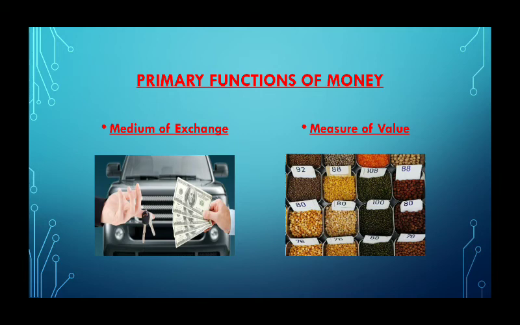So we can say that the pulse worth 108 rupees is of a different value, or more than the one which has a value of 80 rupees per kg. So we can measure the value of each commodity in terms of money. This is the second primary function. So medium of exchange and measure of value are two important primary functions of money.